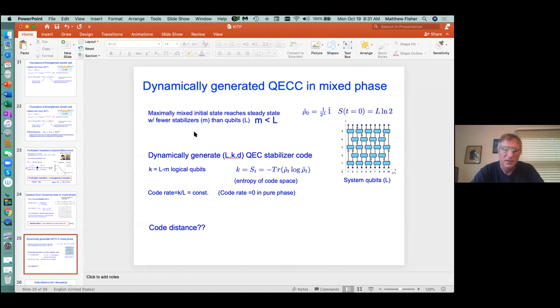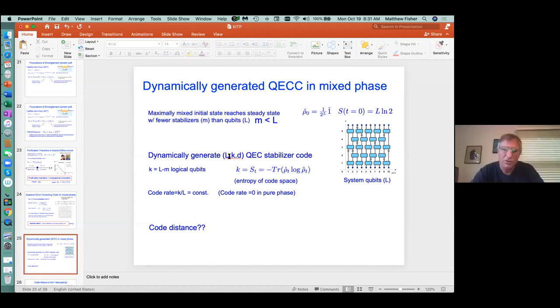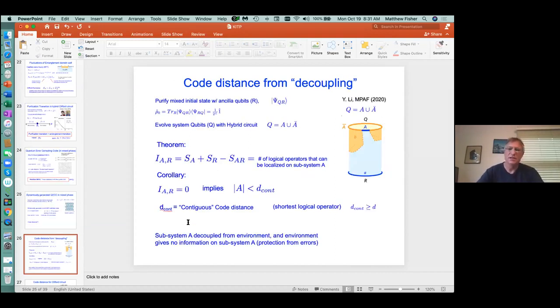Thanks. So here one dynamically generates a code L, K, D, where L is the number of physical qubits, K is the number of logical qubits, and one can ask about the code distance, which I won't really have time to talk about in any sort of detail here, but I'll just sketch what one finds.